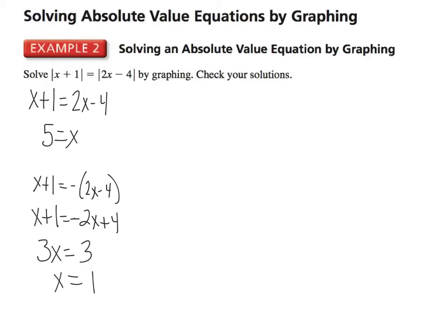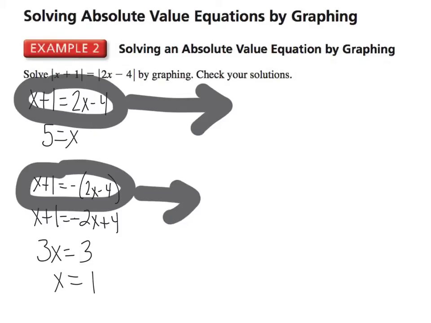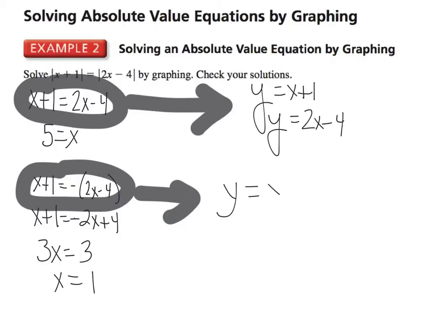So right here, you will notice that we have, let me highlight it here, two equations that we've written. We're going to write them as two separate systems. So I could write y equals x plus 1 and y equals 2x minus 4 as one system. And the other one will be y equals x plus 1 and y equals negative multiplied by x minus 4.